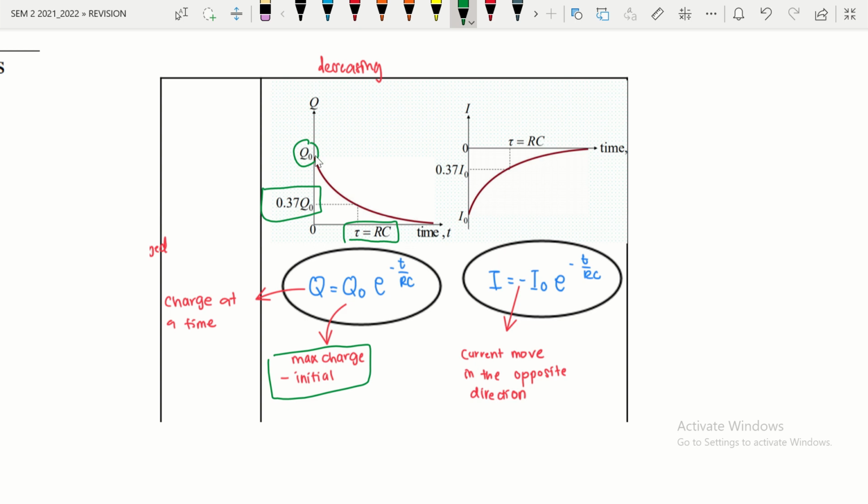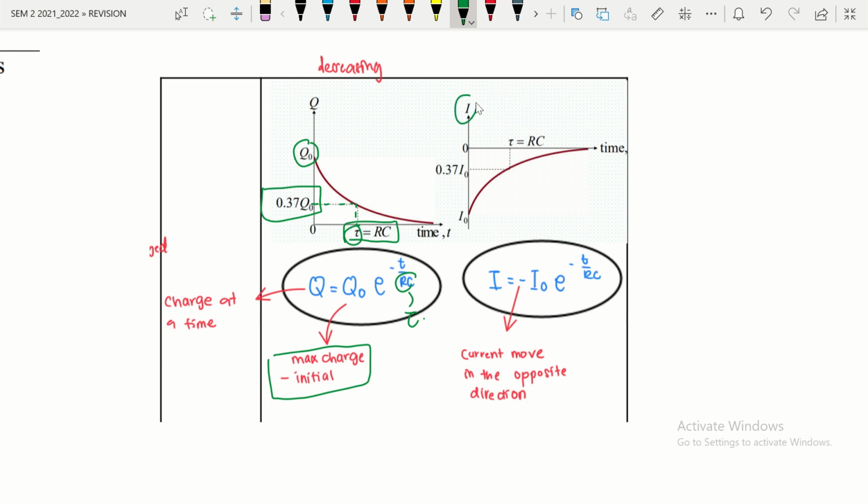Okay, so that is how to draw it, to get its time constant, it is 0.37 of its initial charge. So Q equals Q0 exponent negative t over RC. So RC is actually your time constant, charge at a time. Okay, so Q is the charge at a time and Q0 is the maximum charge or initial charge.